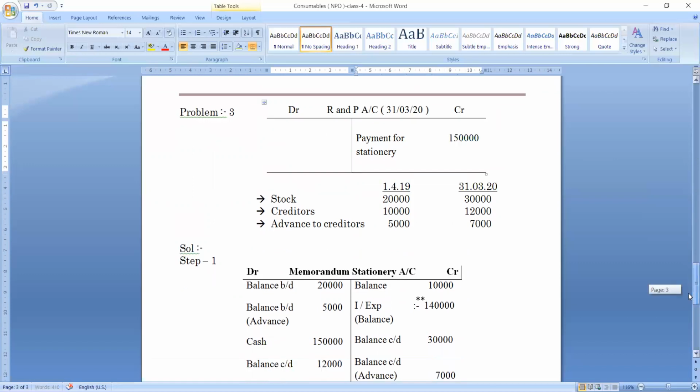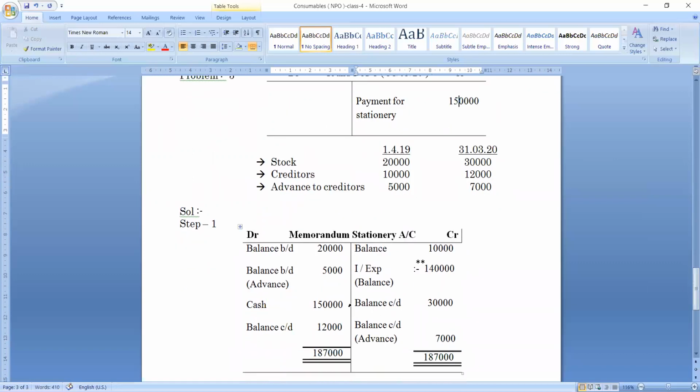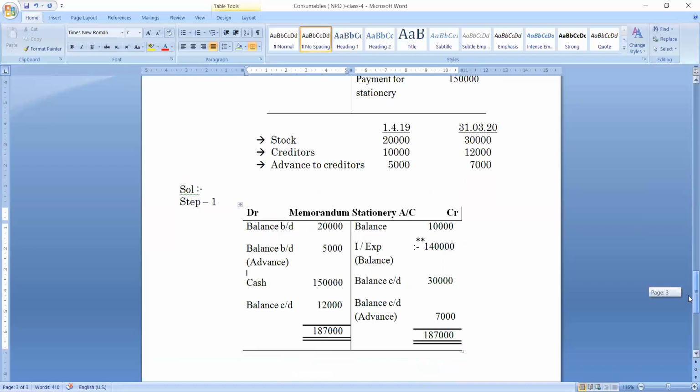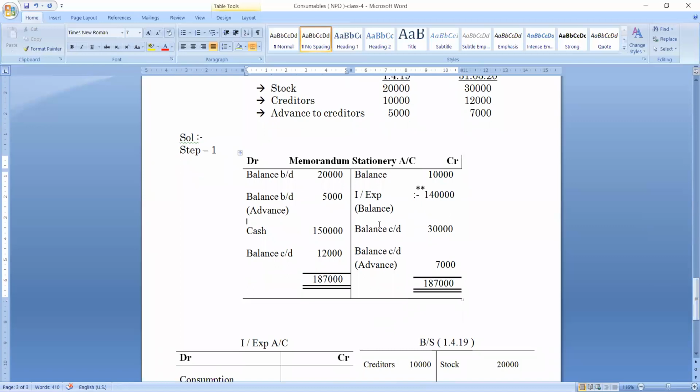Okay, your payment is 1,50,000. That payment of 1,50,000 is always written on the debit side, because this is a payment. In the memorandum stationery account, all expenses and losses go on the debit side. The balance c/d is already written, and this balance 1,40,000 goes to the income and expenditure account.